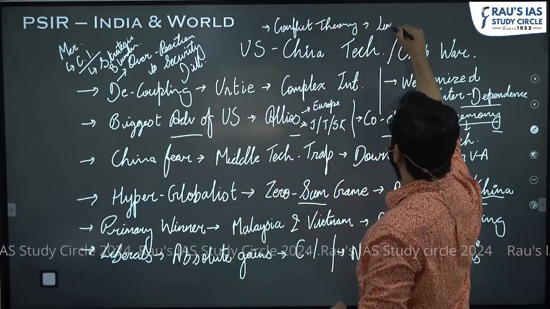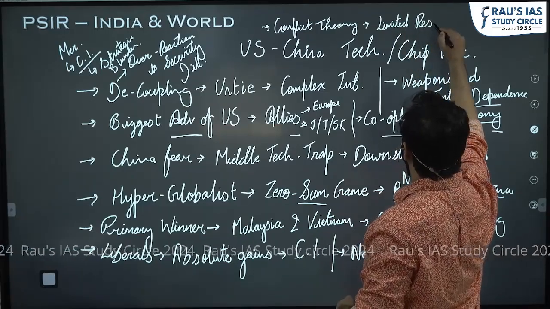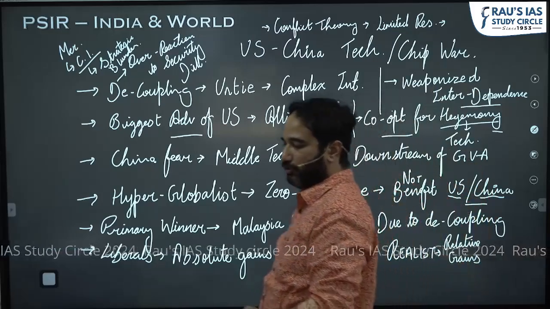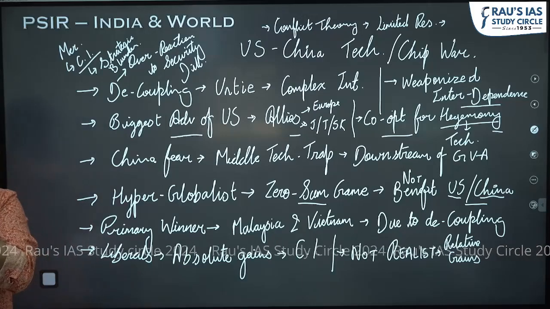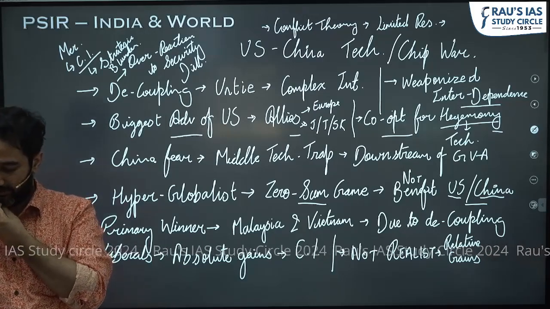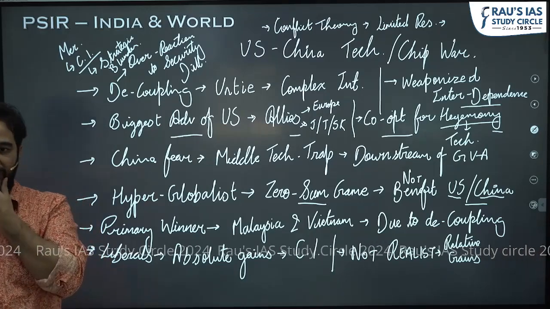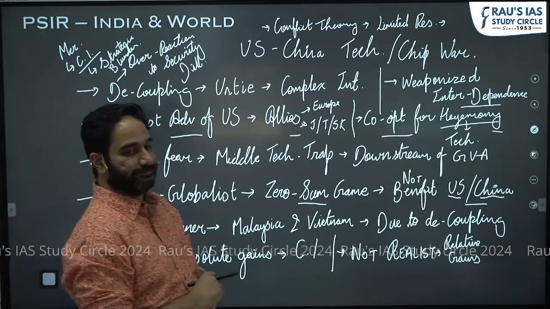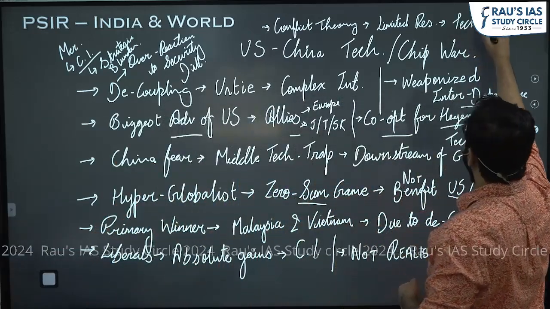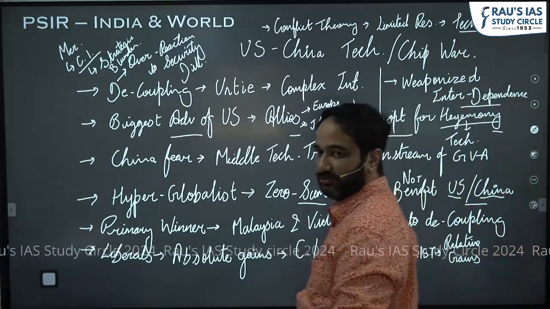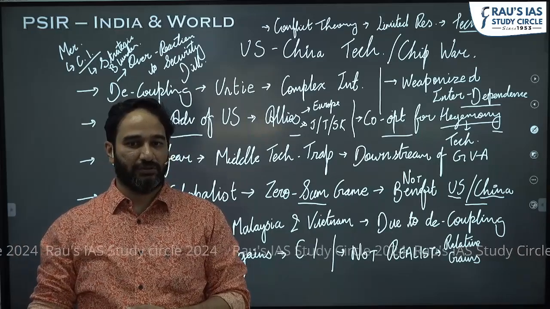And therefore, the US-China tech war is a conflict over the resource that is technology. So technology in itself is a limited resource.